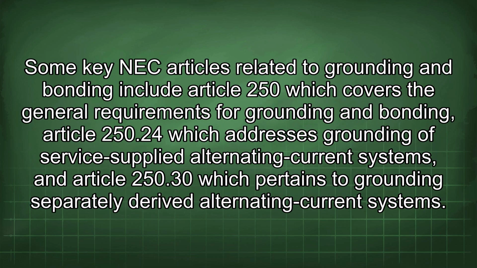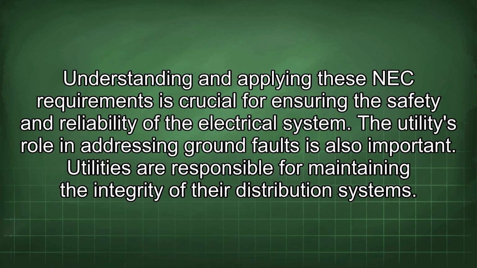Some key NEC articles related to grounding and bonding include Article 250, which covers the general requirements for grounding and bonding, Article 250.24, which addresses grounding of service-supplied alternating current systems, and Article 250.30, which pertains to grounding separately derived alternating current systems. Understanding and applying these NEC requirements is crucial for ensuring the safety and reliability of the electrical system.